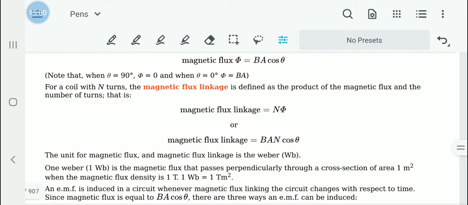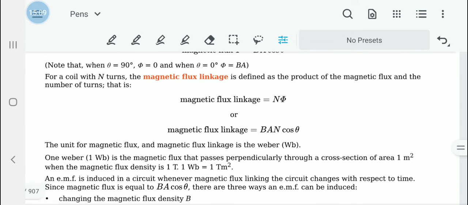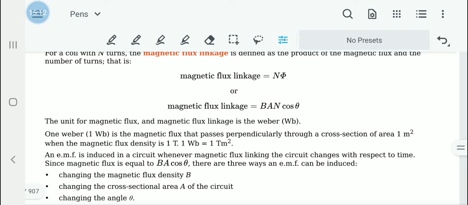For a coil with n turns, leave a line and write, magnetic flux linkage is the product of the magnetic flux and the number of turns. Now how they can actually give you questions is by the new method, by relating.